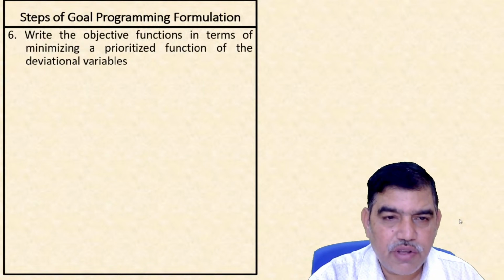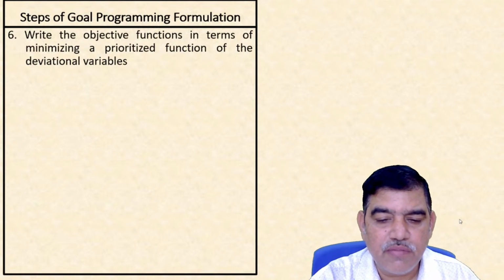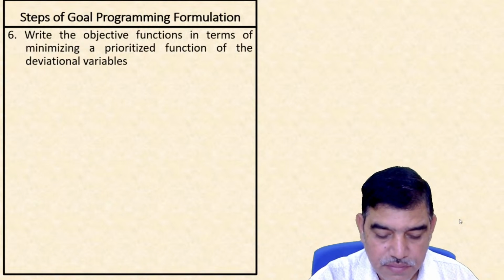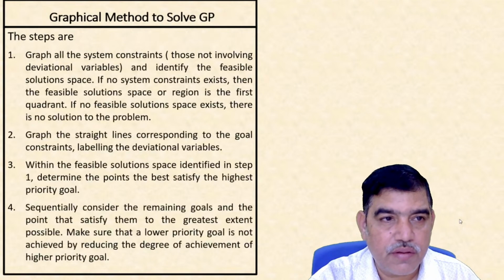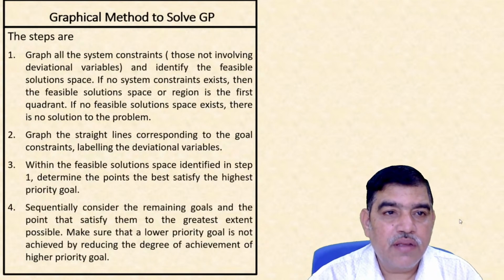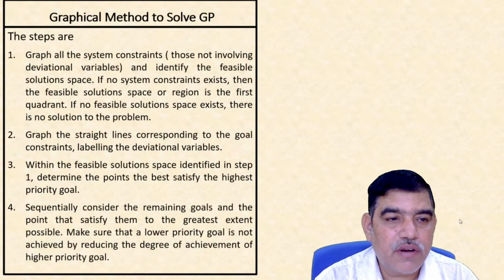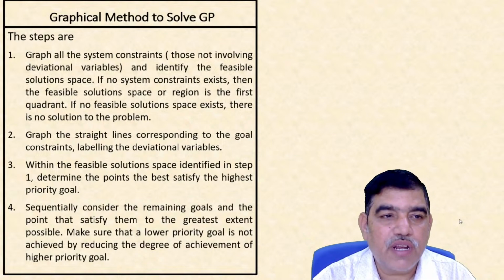In the same process, in goal programming also, we use the graphical method or simplex method to solve it. I'm not drawing the graph, but I'm explaining the steps of the graphical method to solve the goal programming.